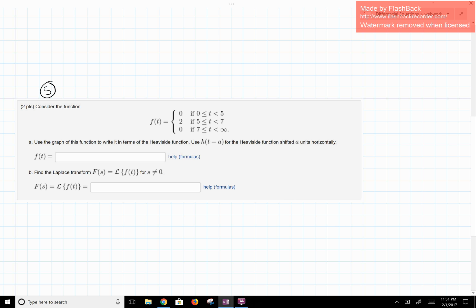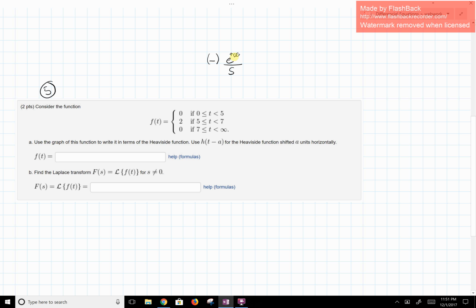So just to think about the Laplace transform real quick, the Laplace transform of the Heaviside function would be, if it had one, whatever number is in front of it right here, e to the negative a s over s, sorry, that's a plus right there.